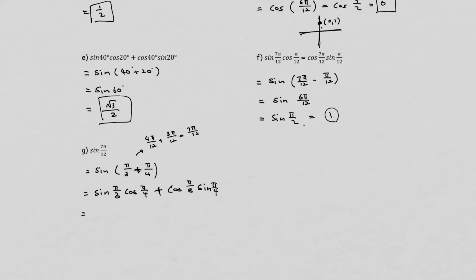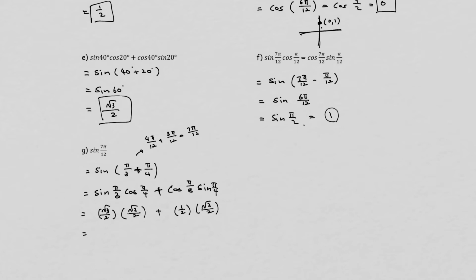Sine pi over 3 is square root of 3 over 2. Cosine pi over 4 is 1 over square root of 2. When you rationalize it, it will be square root of 2 over 2. Cosine pi over 3 is 1/2. Sine pi over 4 is square root of 2 over 2 also.